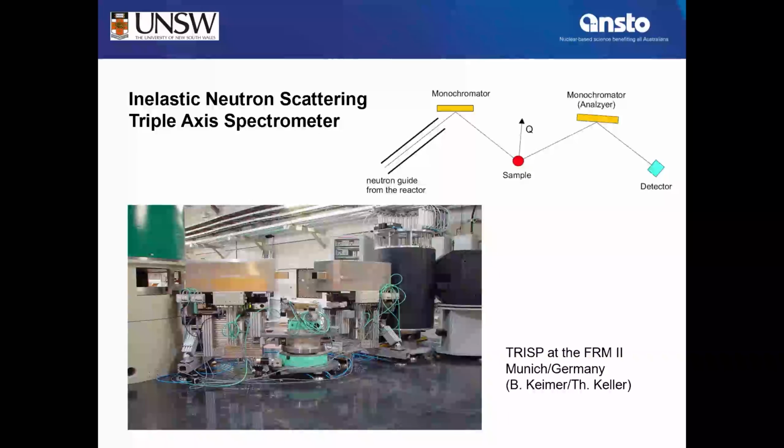Some additional information for really doing that experiment: what you see here are these big boxes, and to keep the neutron polarization during their flight, there's a guide field, a magnetic field to keep them polarized.